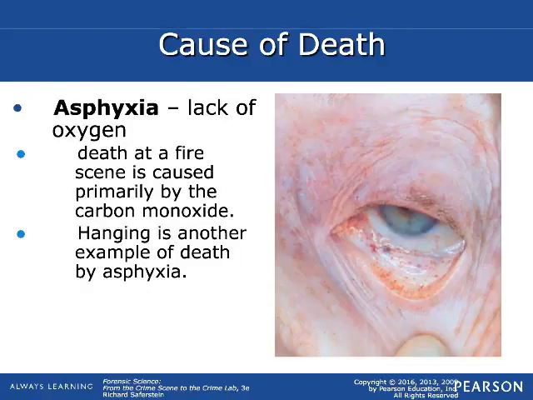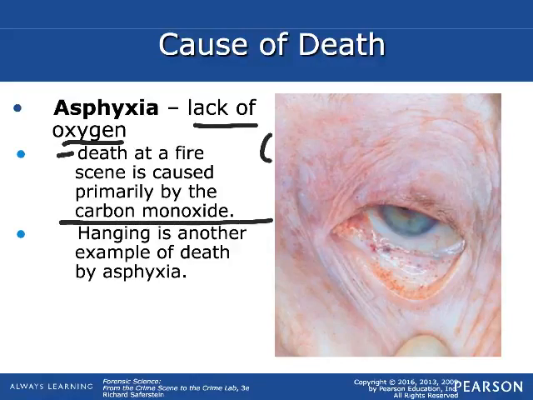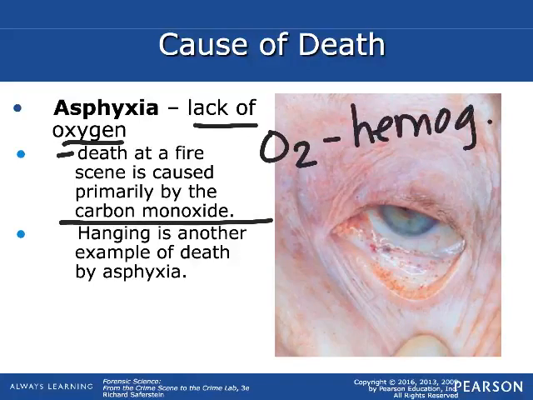Now asphyxia is a lack of oxygen. There are lots of different ways that we can not have enough oxygen. One way is by fire. In your body, normally oxygen is carried by hemoglobin, and hemoglobin is found in red blood cells.